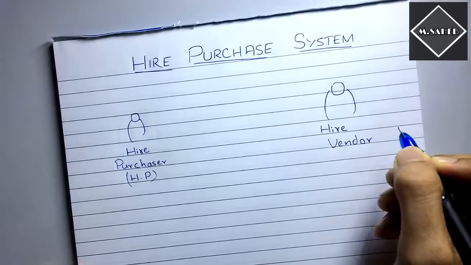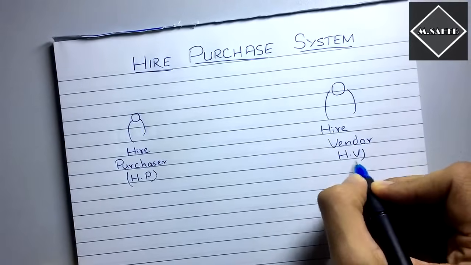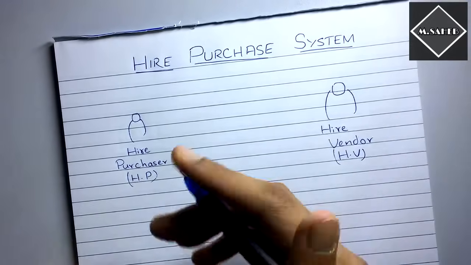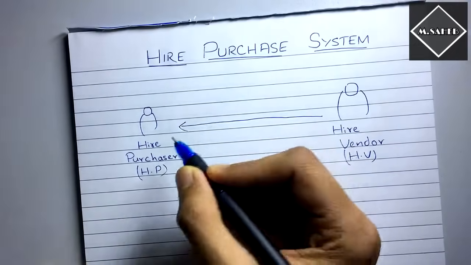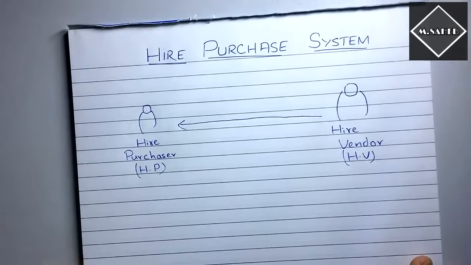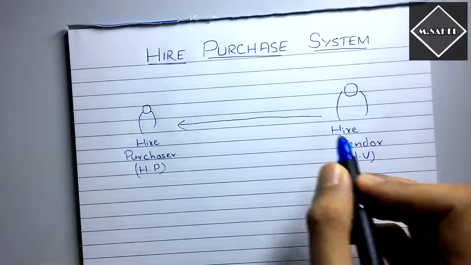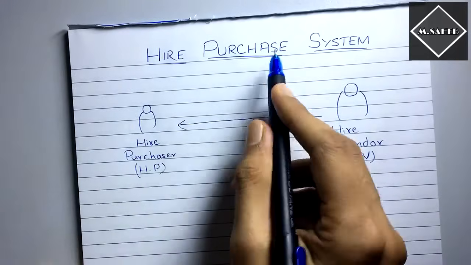Now see, hire purchaser is the person who purchases the item under hire purchase system, and hire vendor is the person who sells the item under hire purchase system.